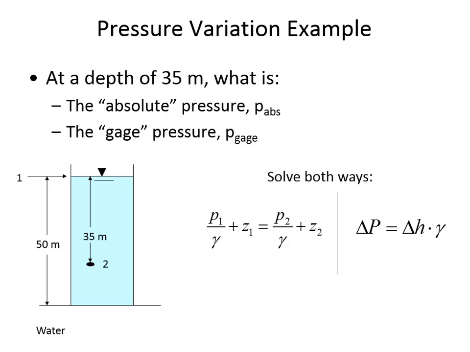Okay, well, last time we talked about the hydrostatic equation. We looked at it a couple of different ways. We looked at where we could say the pressure at some location divided by gamma plus the elevation at that location is equal to the pressure at some other place divided by gamma plus Z2.